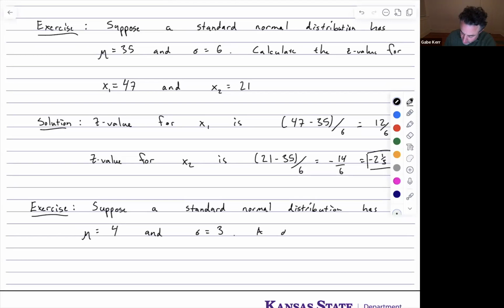A data point x has z value 3.5. What is x?